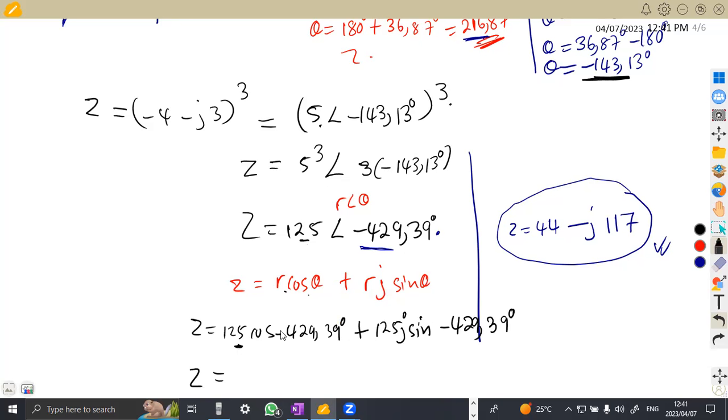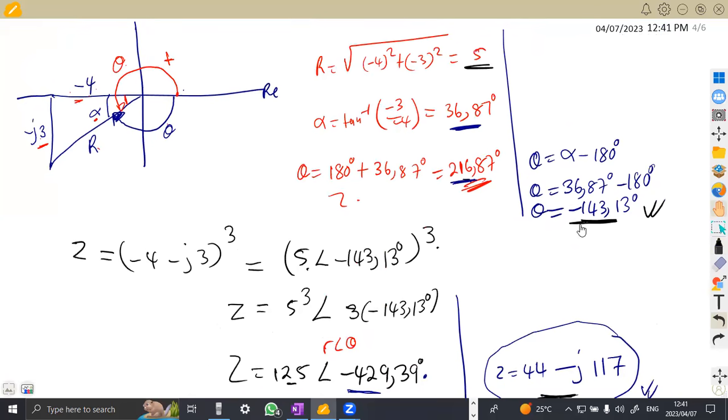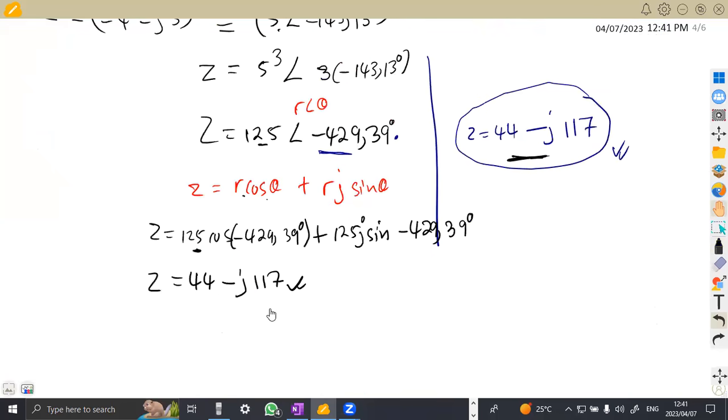So 125 cos, minus, this is going to be in a bracket on your calculator. So it's going to be 44 minus j117, just like the one that we had here. This answer is going to be the same even if you used 216.87 as your theta, you are going to obtain the same answers. So that was our z in rectangular form. Take note, our answer is supposed to be in rectangular form.